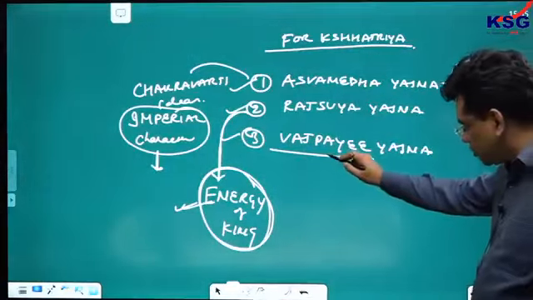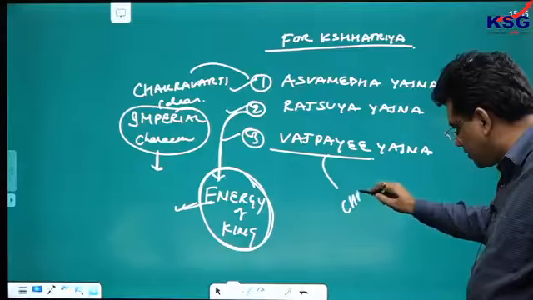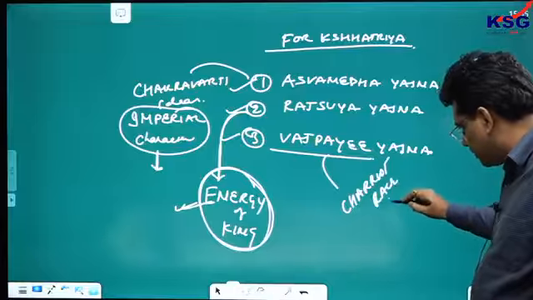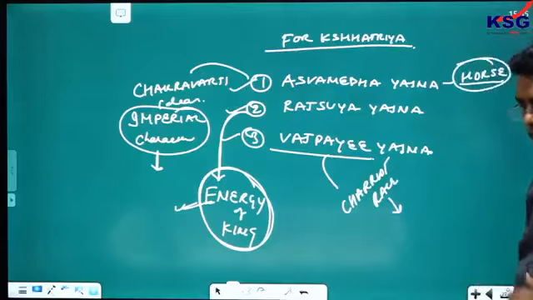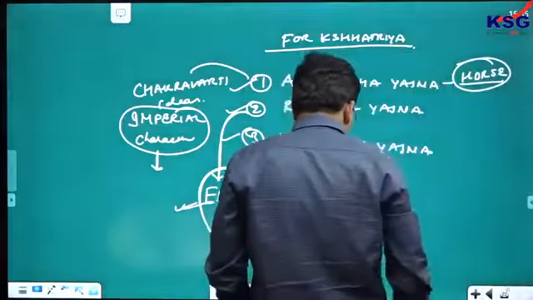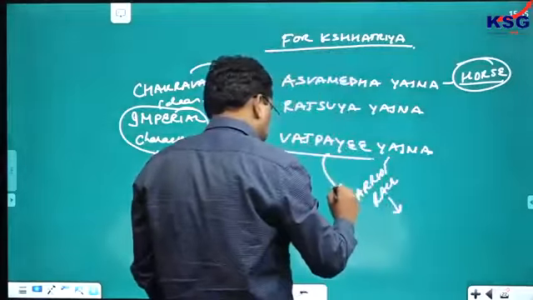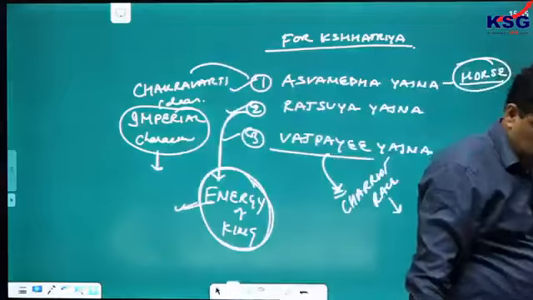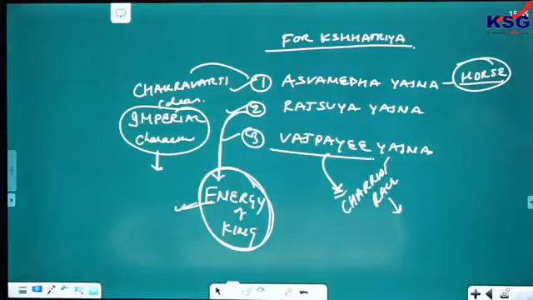And Vajapeya Yajna was a chariot race. The king also participated in that race, and in that race the match was fixed.